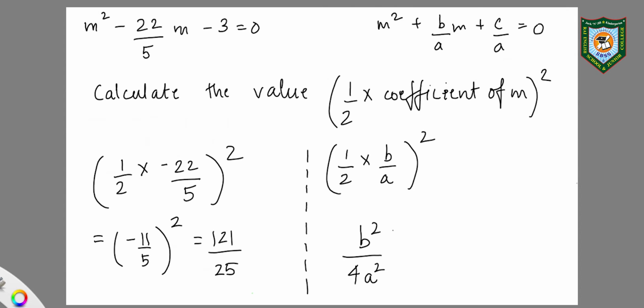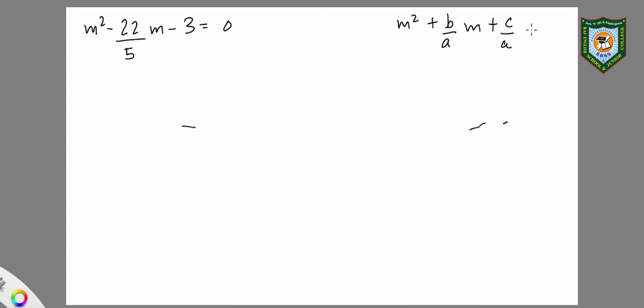Now moving on. Once I get this value, I have to add this particular value to both sides of the equation. So I have m square minus 22 by 5m minus 3 is equal to 0, and here I have m square plus b by a m plus c by a is equal to 0.